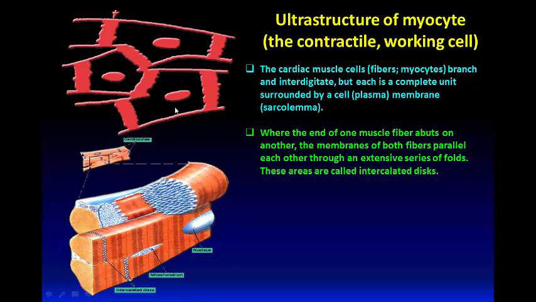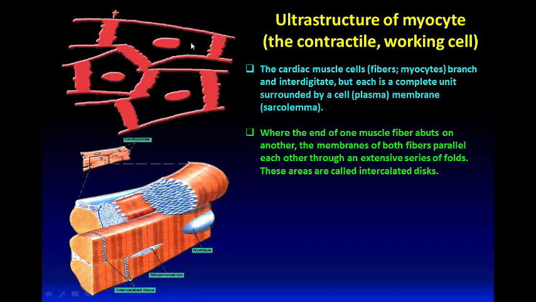This is another cell, and they interdigitate. But each cell is a complete unit surrounded by a plasma membrane, which is also known as the sarcolemma.